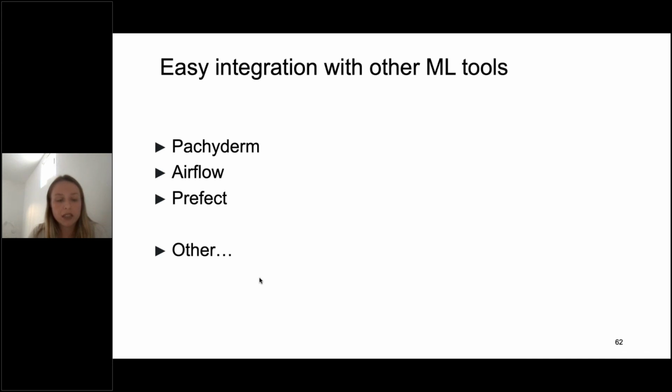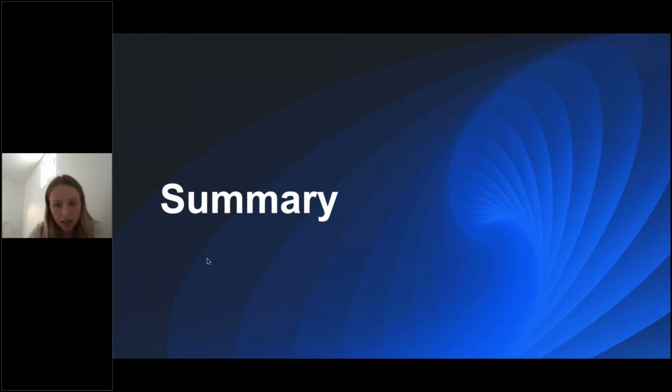We have currently provided some tutorials on how to integrate it with Pachyderm, Airflow, and Prefect. And I'm pretty sure we will be working more on this type of integration, putting our data labeling pipeline into the full machine learning process.